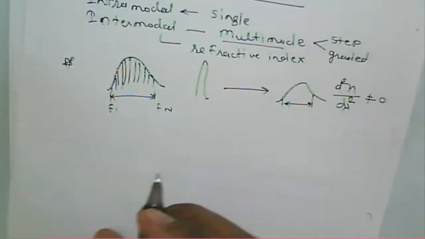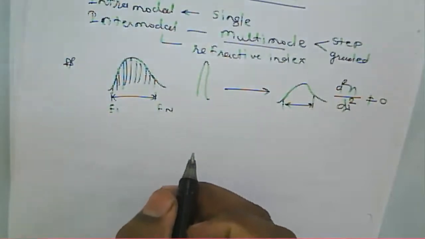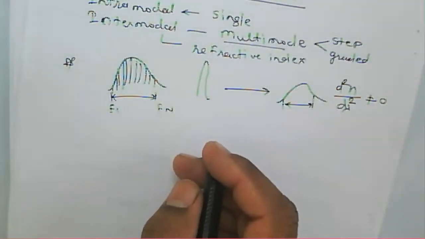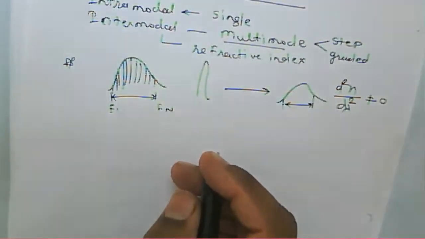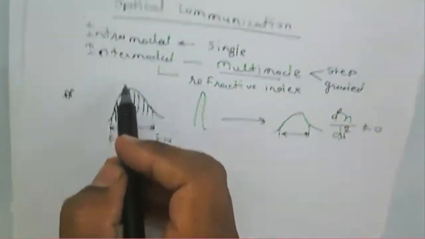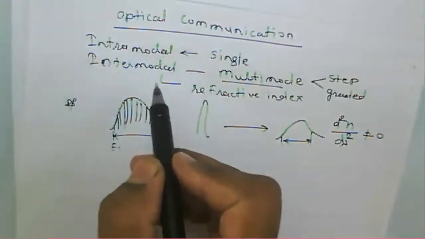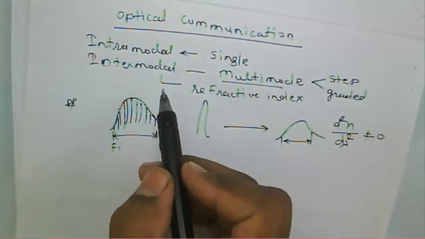That's why dispersion occurs. Now that dispersion is because of the phase velocity for a given mode. If it is intramodal dispersion, the phase velocity will change.